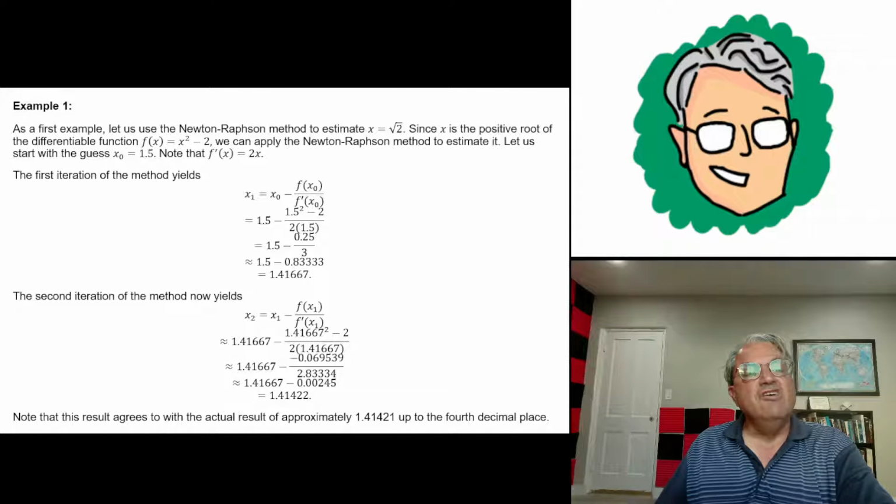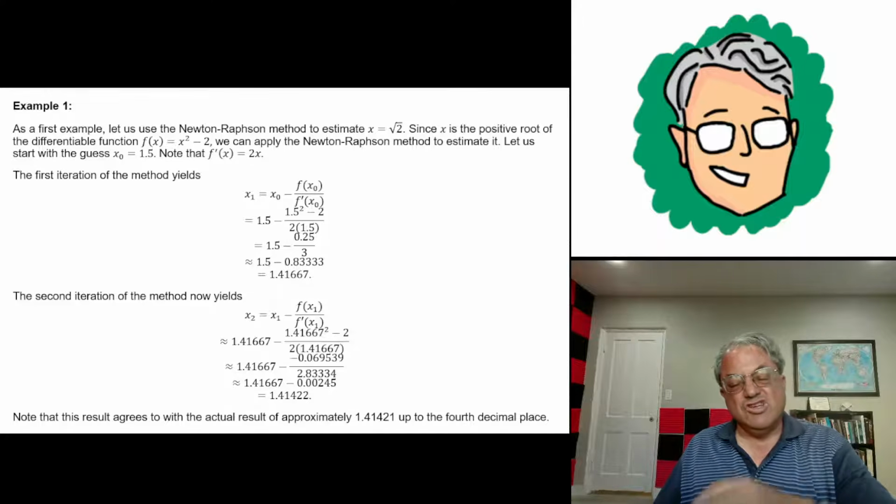And if you compute that, you get 1.41422. Well, that turns out to be really, really accurate because the actual answer is approximately 1.41421. So we got it within about 1 part in 100,000 just by doing 2 iterations and just by starting with a pretty crude guess. So this is a pretty powerful method.